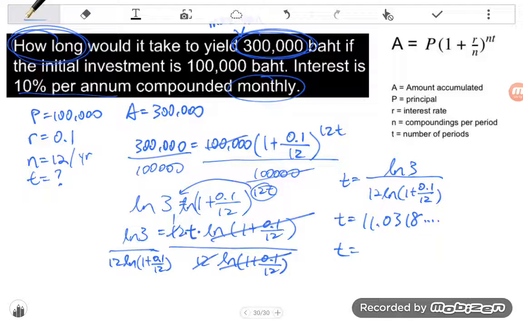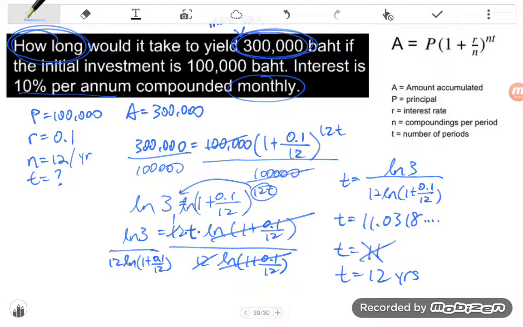So we will have to say, is 11 going to be good? Not enough, right? Because the answer is 11.03. So 11 years is not going to make it, which means we will have to put it there for 12 years at least. 12 years.